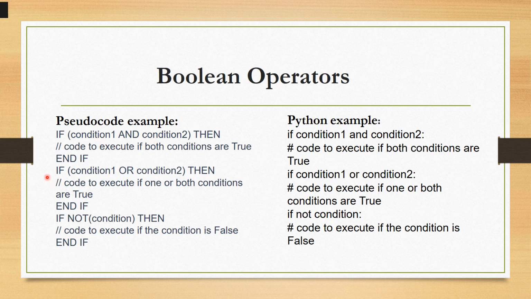On the other hand, in this if I have used condition 1 or condition 2, so if any one of these conditions is true, this piece of code will be executed. And if not condition, whatever the condition is, this code will be executed if the condition is false, right? So I hope it's clear to you.